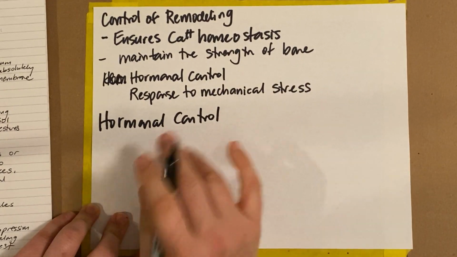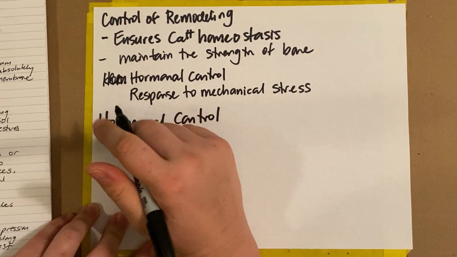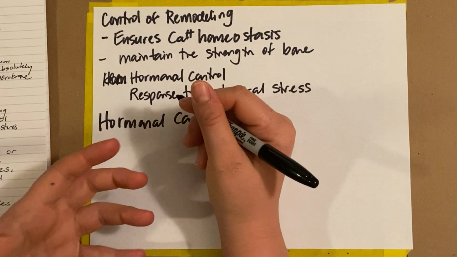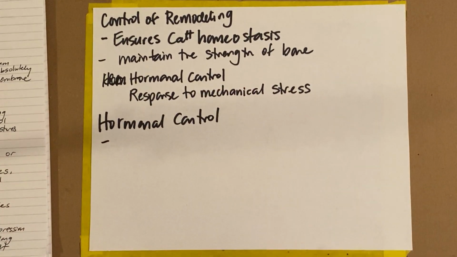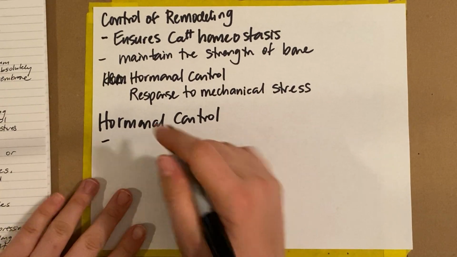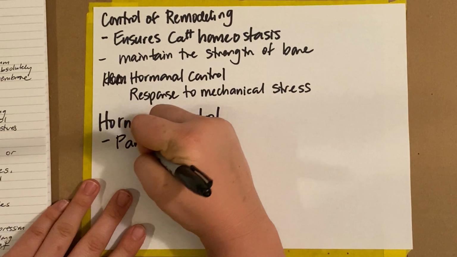Okay, and so we have to maintain a specific level of extracellular calcium in order for mainly our nervous system to work correctly. It's also important in muscle contractions. Calcium is really, really important, okay? So the hormone that's going to be involved in all of this is called parathyroid hormone.